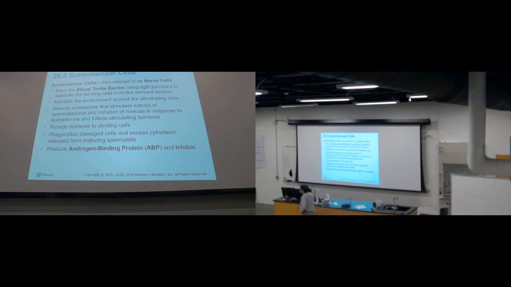Now, the sustentacular cells, which are also known as nurse cells or Sertoli cells, help to protect the sperm cells from attack by the immune system because they form the blood-testis barrier. They connect tightly with tight junctions, preventing the immune system cells from attacking sperm cells.